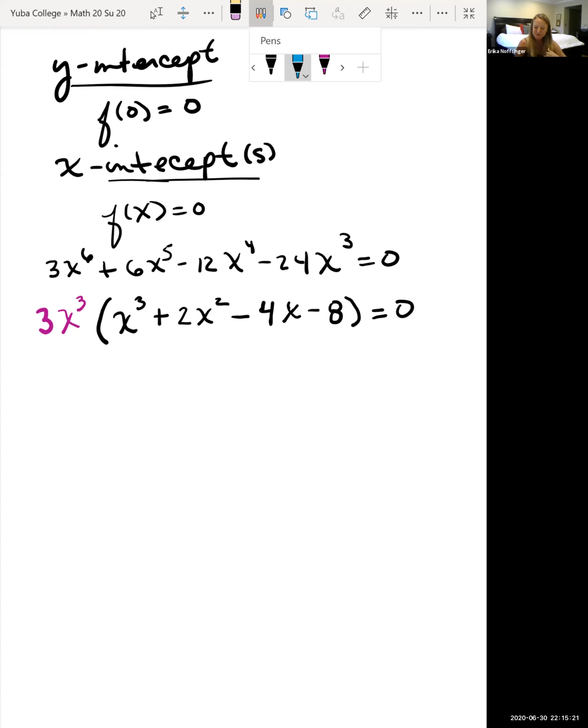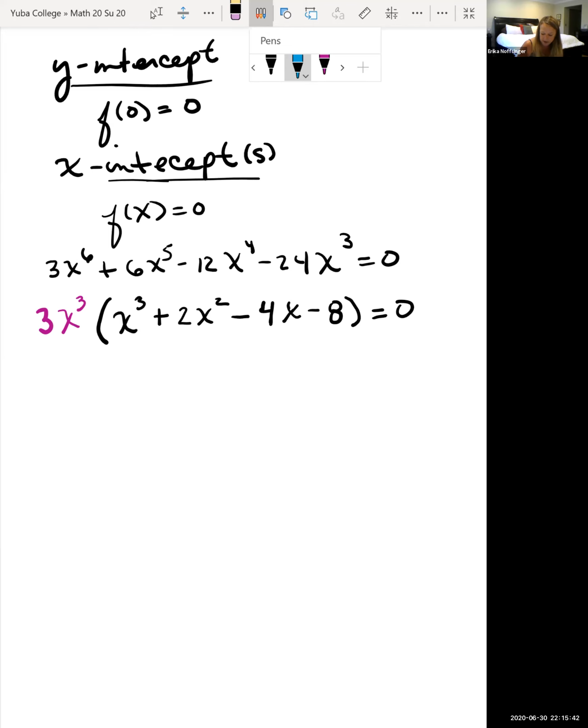If it's 2 terms, I'm looking for a difference of squares or a sum or difference of cubes. If it's 3 terms, I'm looking at a quadratic or quadratic in form. If it's 4 terms, which this is, then factoring by grouping should work.